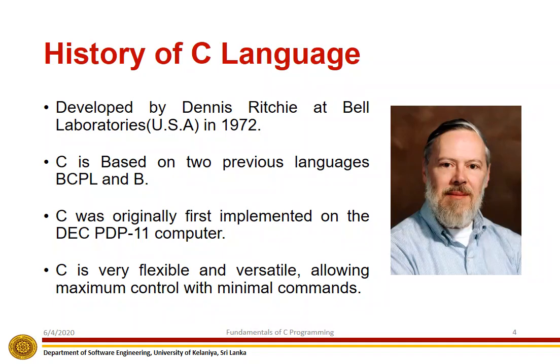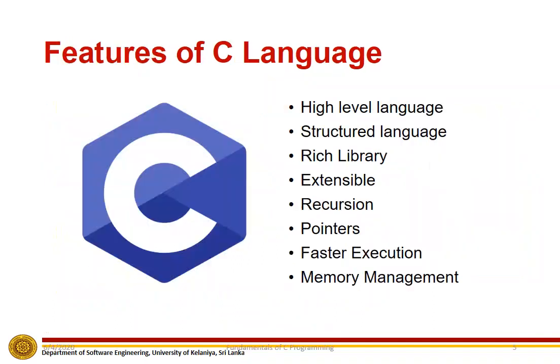C was originally first implemented on the DEC PDP-11 computer, and C is very flexible and versatile, allowing maximum control with minimum commands, and it is a very user-friendly and highly readable programming language.